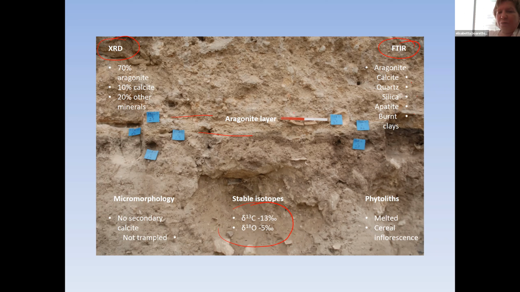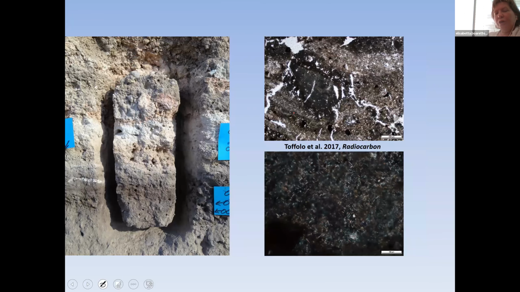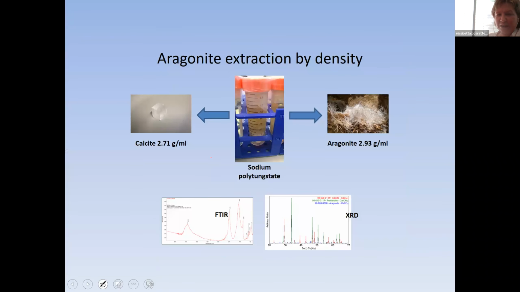So this was our aragonite layer, and we thought that here we could indeed apply our method, at least test the possibility and verify if aragonite is indeed pristine and we can date. Now, how do you extract the aragonite?